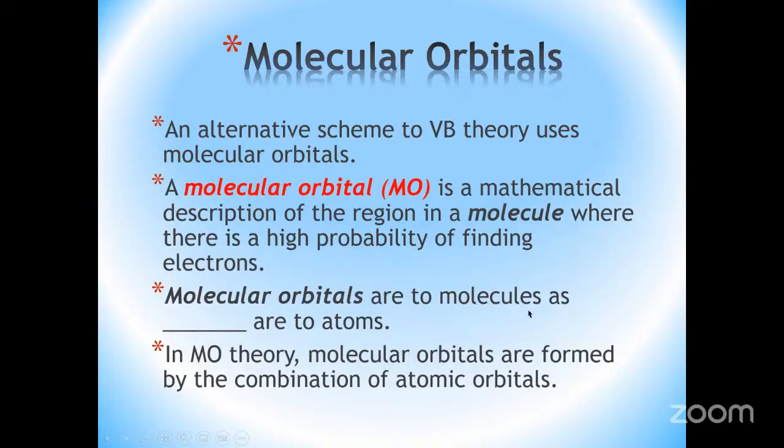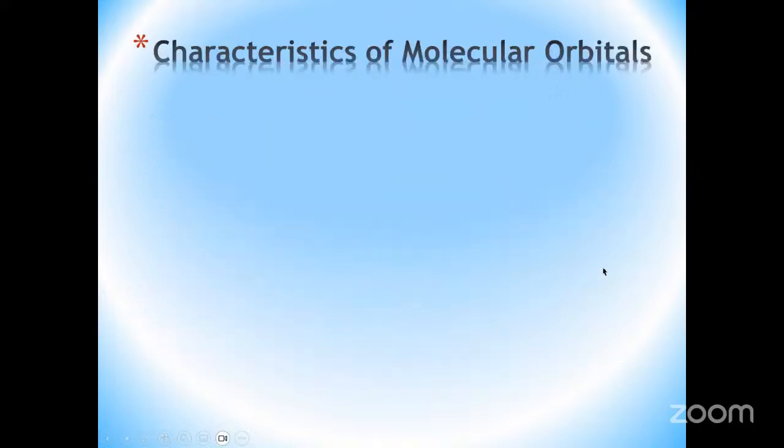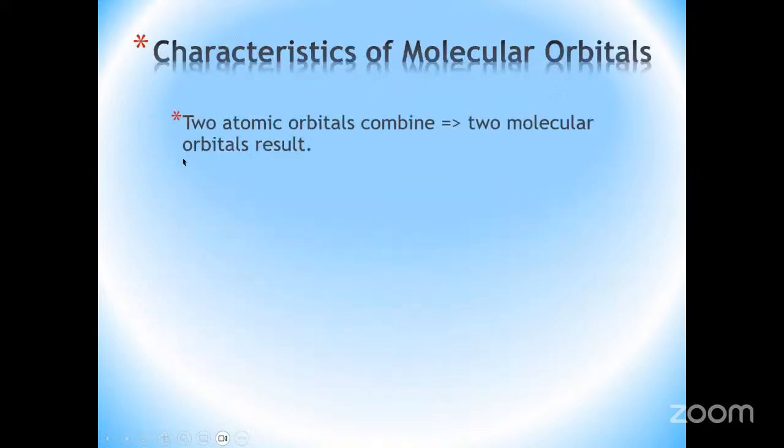Now, how do they actually combine? Whenever you have two atomic orbitals combining, the result will be two molecular orbitals. In fact, I remember when I was a student, my instructor saying that orbitals cannot be created nor destroyed, right?